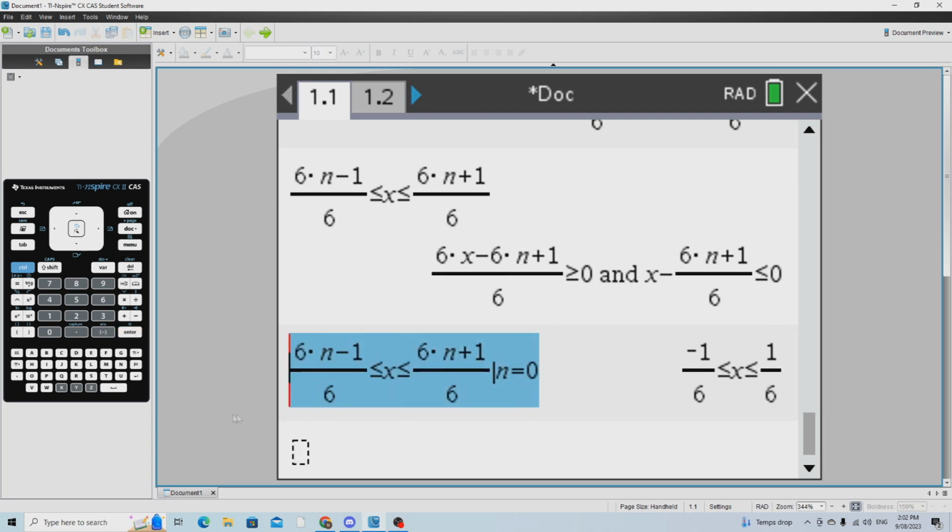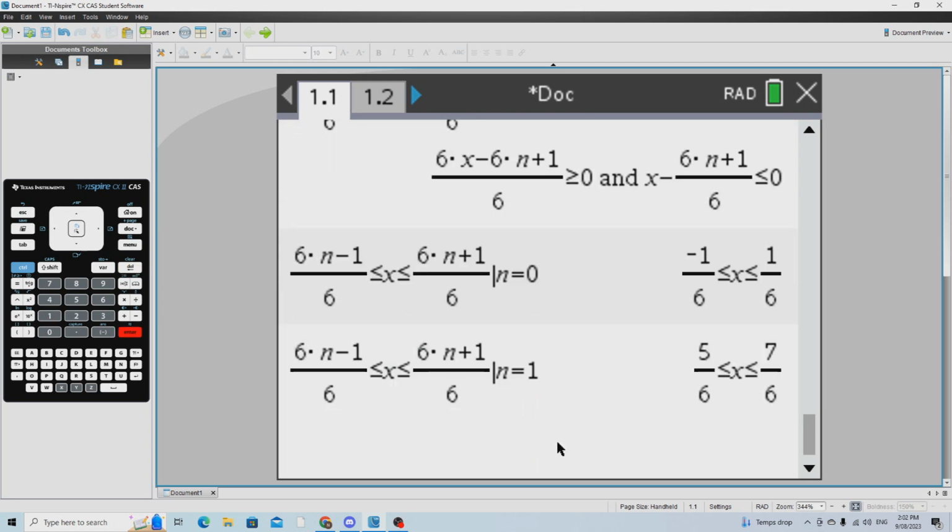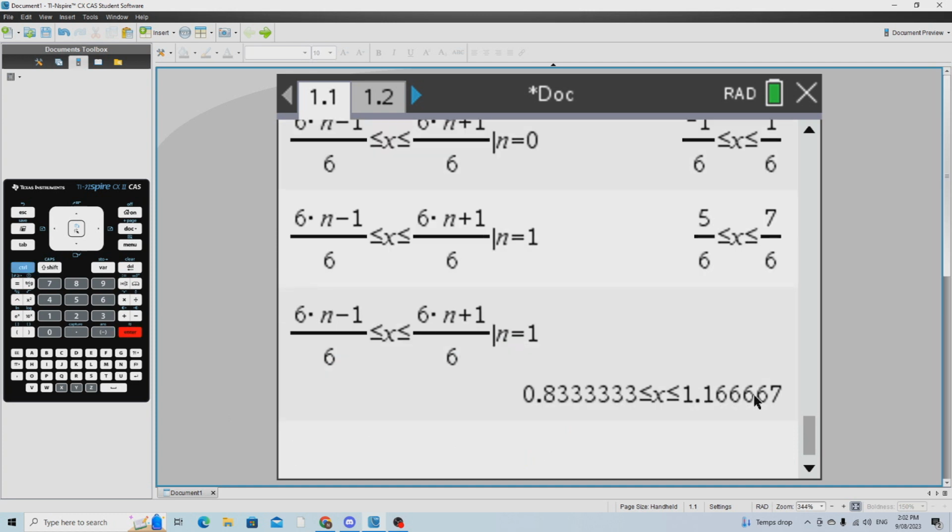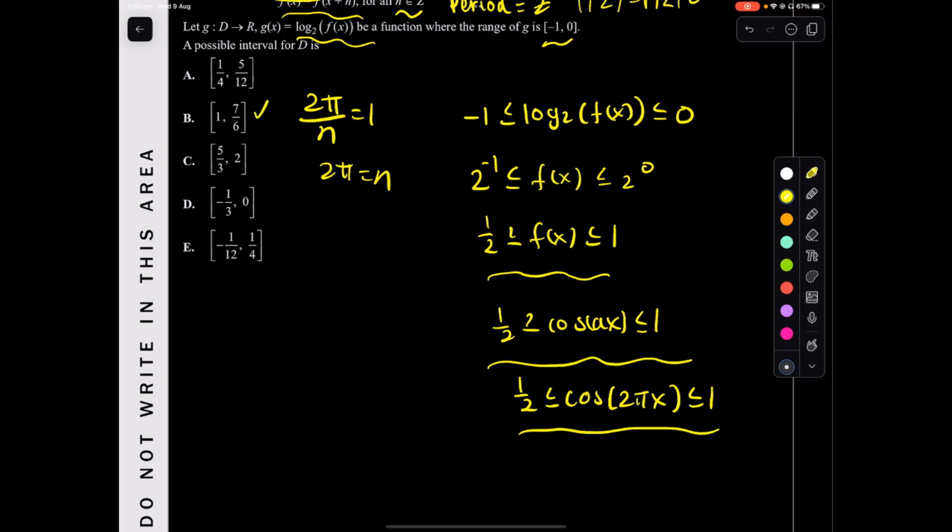Nope. 5 over 6 to 7 over 6. 5 over 6 to 7 over 6. So 0.833 to this, so 7 over 6 is here, and this is close to it. It's likely B. We'll leave it as B.